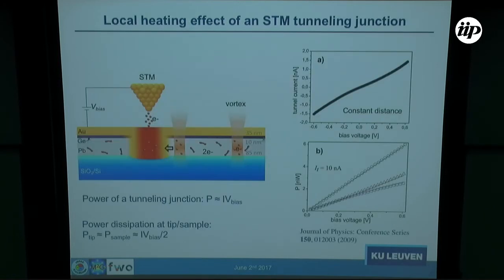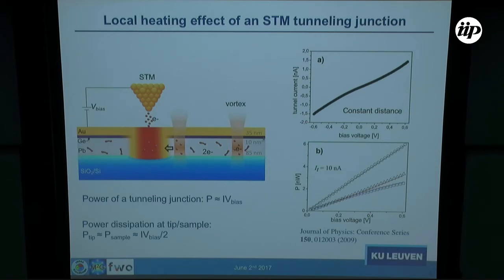So we know that when a tunneling junction is established between an STM tip and a sample, there will be some energy dissipation due to the launch and relaxation of these hot electrons. And the power of this tunneling junction equals IV, where I is the tunneling current, and V is the bias voltage between these two electrodes.